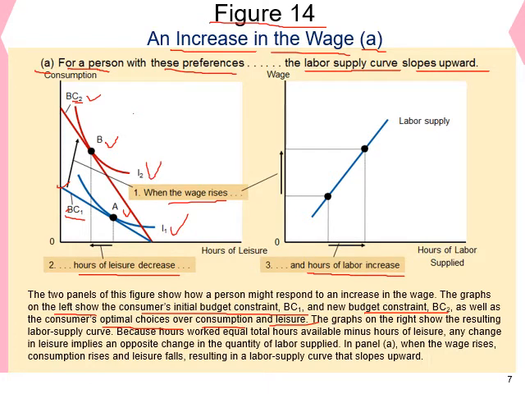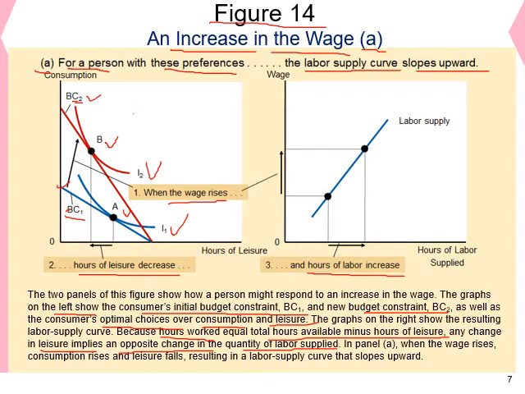In summary, because hours of work equal total hours available minus hours of leisure, any change in leisure implies an opposite change in the quantity of labor supply.